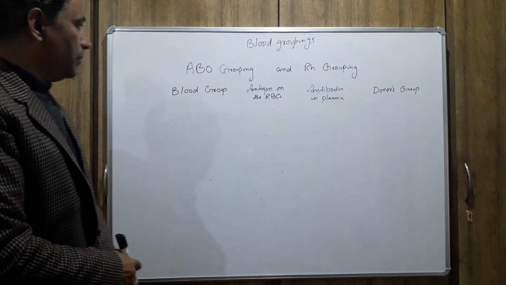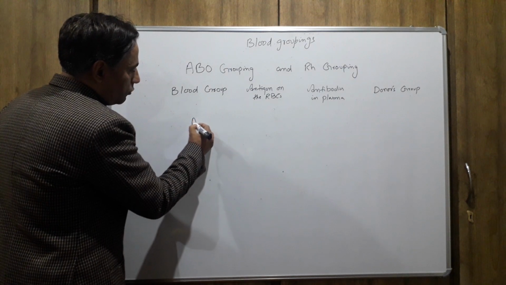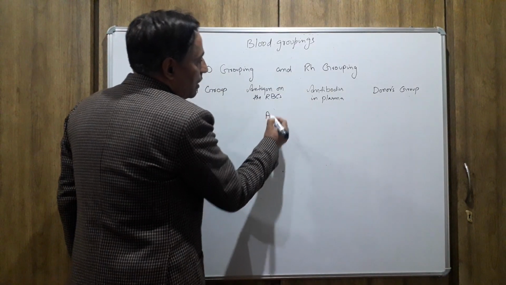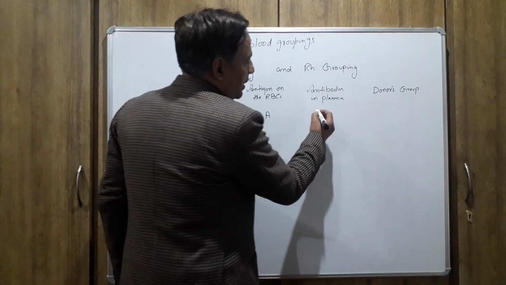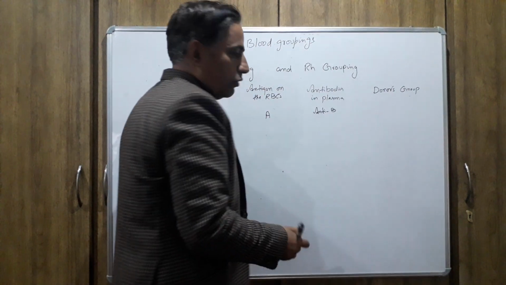Now, for example, if a person has blood group A, that means the antigen on the RBCs is A, and the antibody in plasma against this antigen is anti-B.